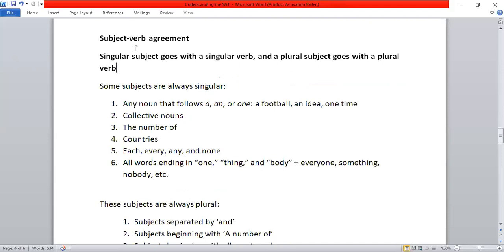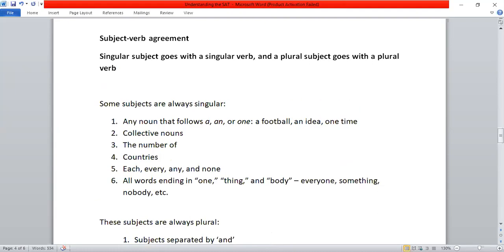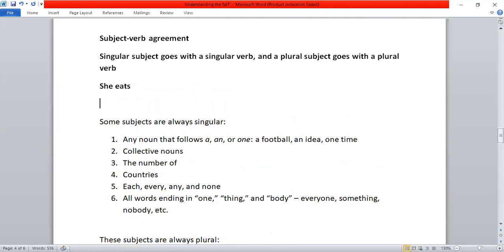Now, because you already know this, it sounds very simple, but that doesn't mean we know the rule and there's nothing more to it. For example, I will say she eats or they eat. Will I ever say she eat or they eats? I won't. Yes.